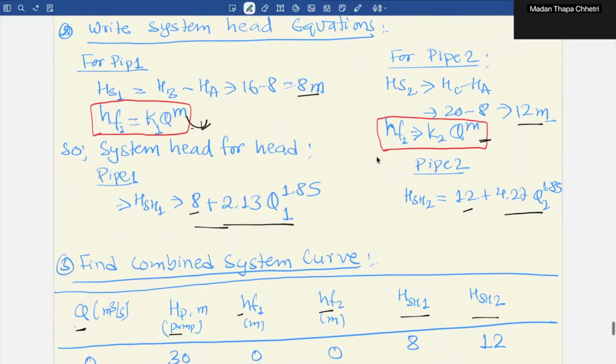Similarly, the system head will be equal to the static head plus HF1 for pipe 1, and for pipe 2 it will be equal to the static head for pipe 2 plus the head loss caused by friction at pipe 2.